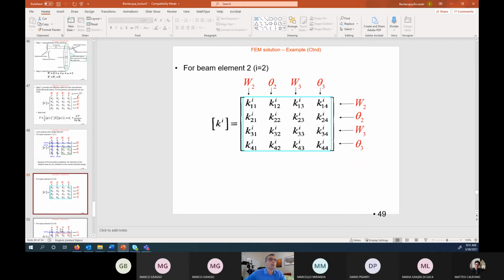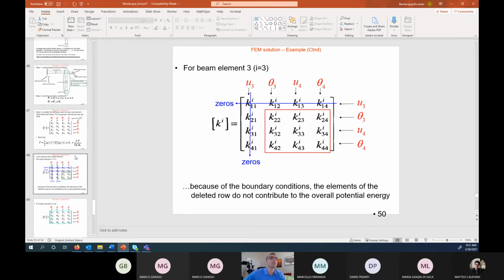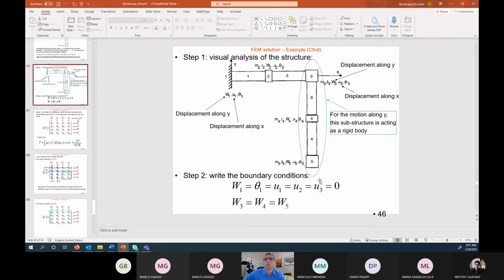And so for element number 3, we have the stiffness matrix that doesn't have the first column and row because they do not contribute to the overall potential energy. So let's look at the boundary conditions. Remember, U3 is 0.